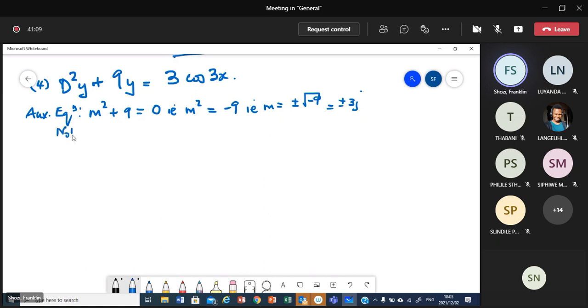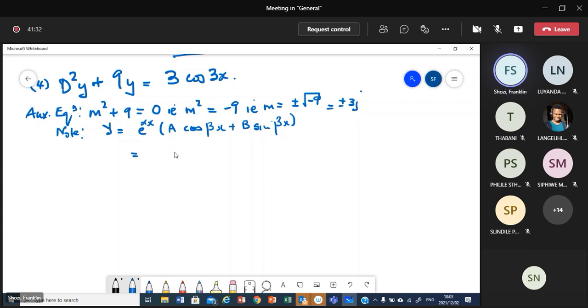Now, from here, if the roots are complex, what is the solution? Remember, if that is a complex number as a solution, your y is given by y equals e to the power alpha x, times A cos beta x plus B sine beta x.